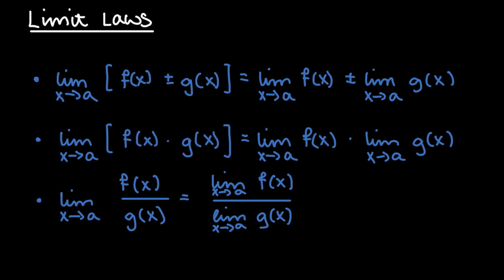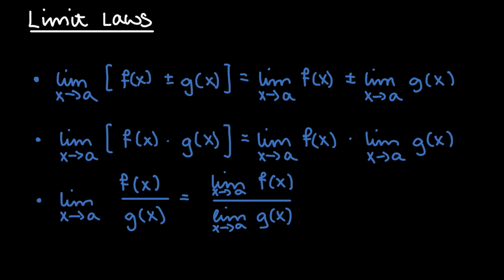So they deal with sort of splitting the limit as x tends to some value a of two functions of x related in some different ways. So in the first law, we look at how we can actually separate this limit.